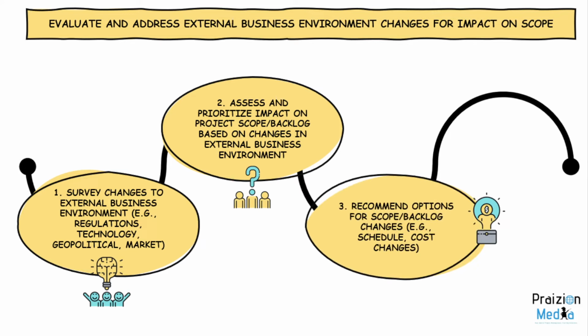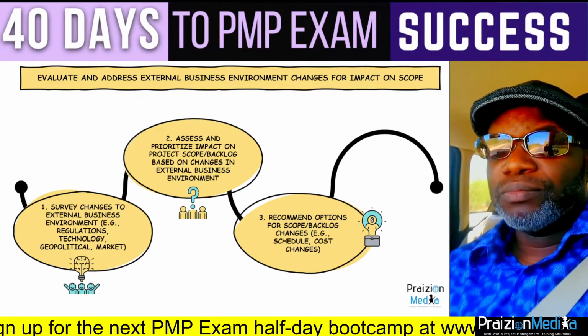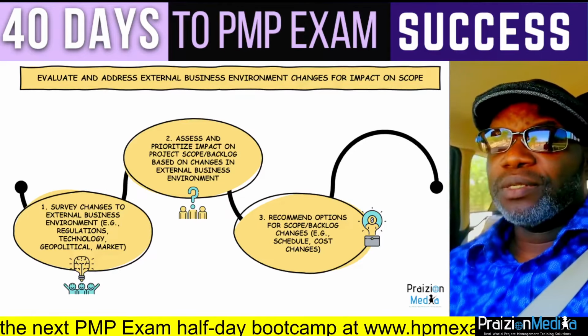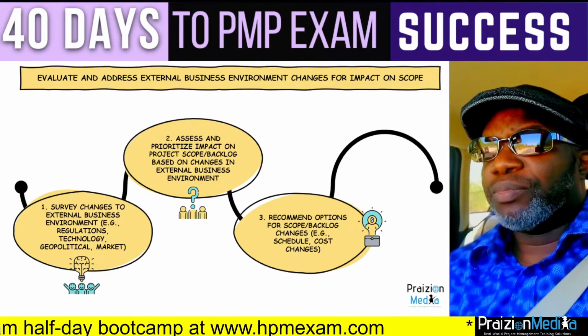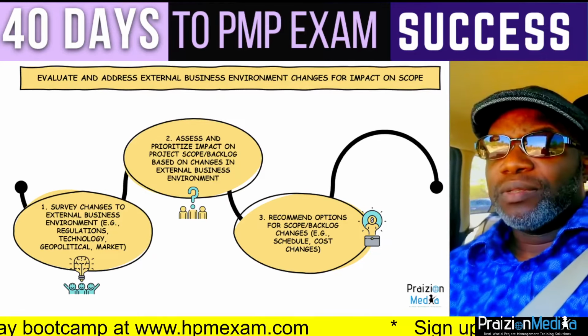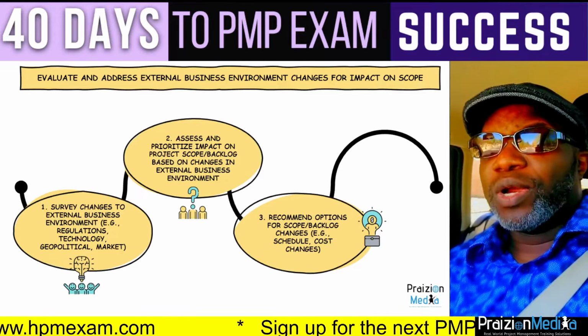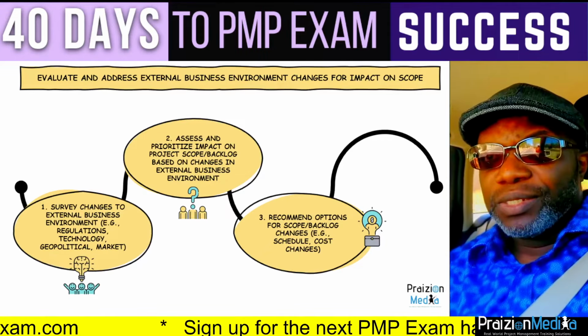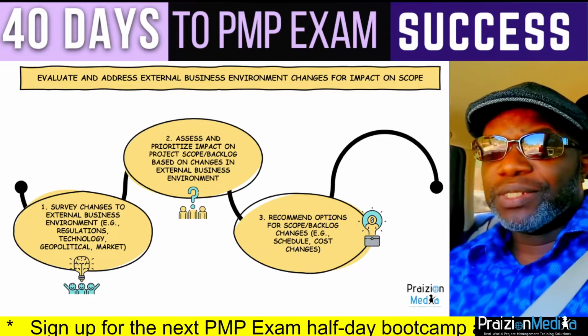We also talk about changes that may need to be made as a result of these environments, such as changes to the schedule, changes that may relate to cost, budgetary changes. For example, if there's inflation, that could cause changes to the budget.